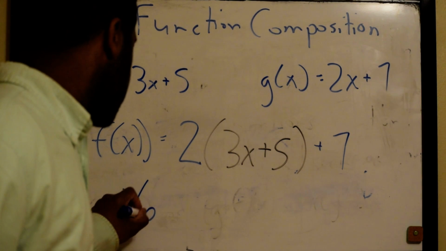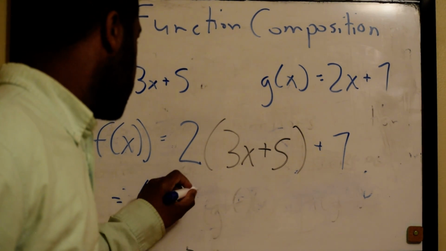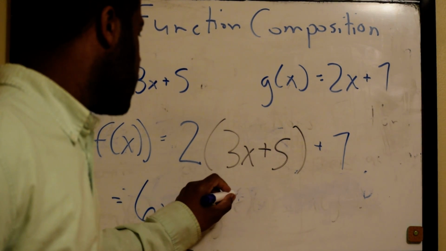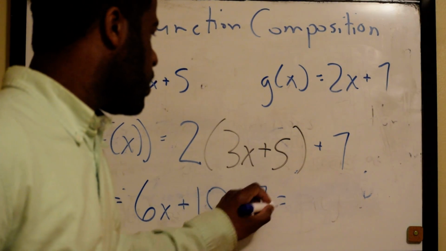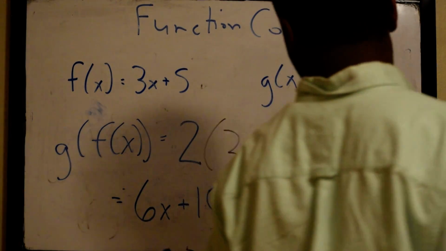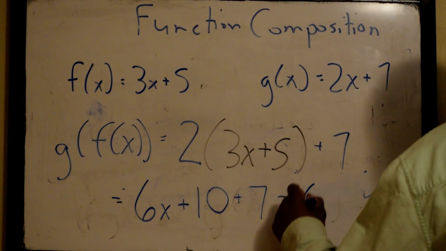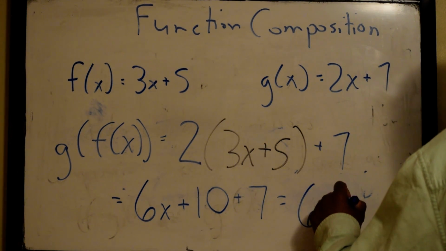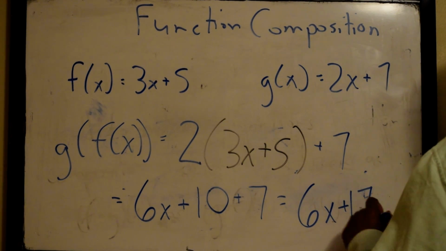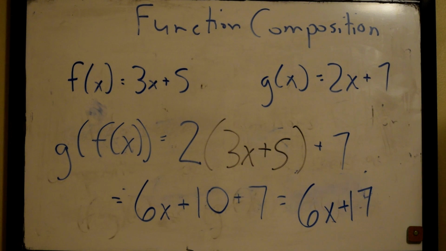That is 6x plus 10 plus 7, which in turn gives us 6x plus 17.